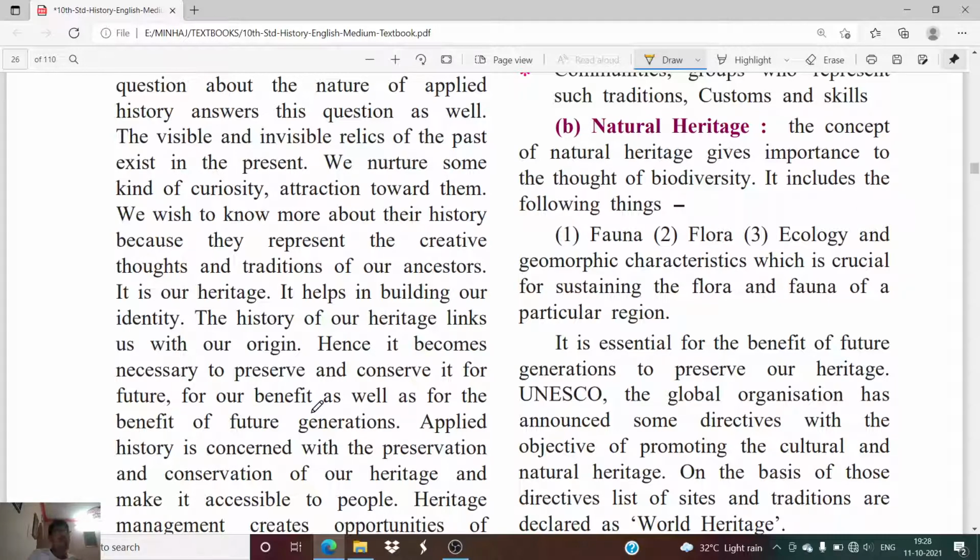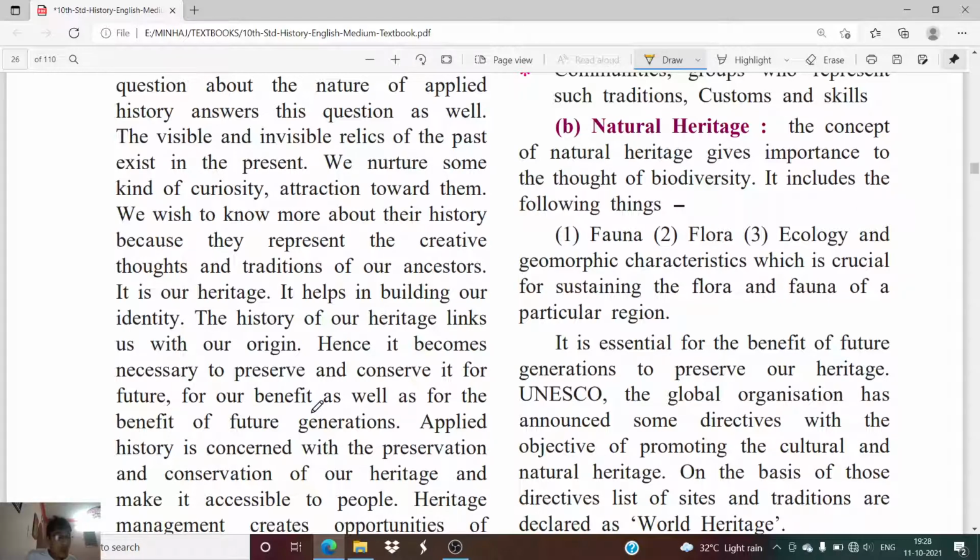We are very curious to know how a particular dynasty originated, how a particular tradition originated, what was the main reason behind performing certain rituals or rites, or what was the reason behind all the wars which have taken place in the past. We are curious to know everything which has taken place in the past, and the answer to all these questions is given by applied history.